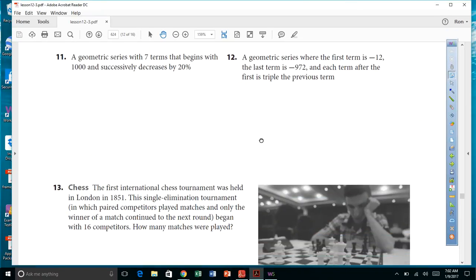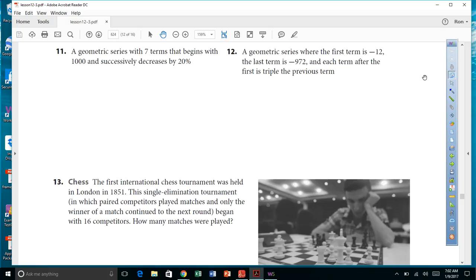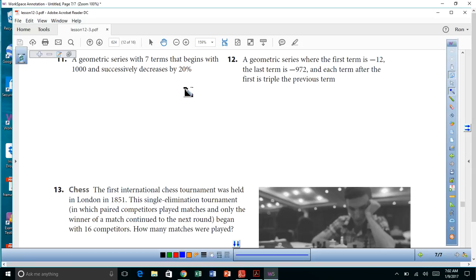11. A geometric series with 7 terms that begins by 1,000 and successively decreases by 20%. So R is not going to be 20%. R is going to be something else.